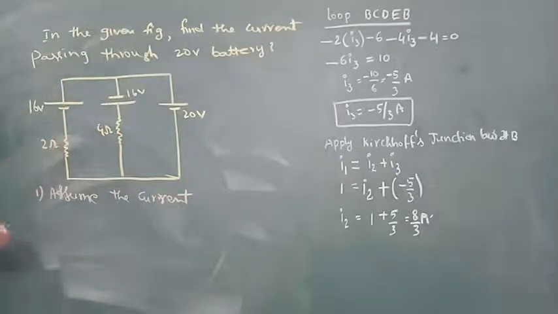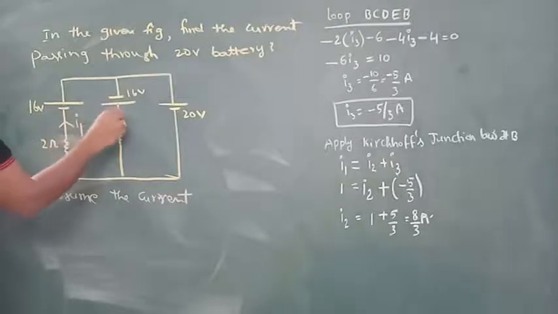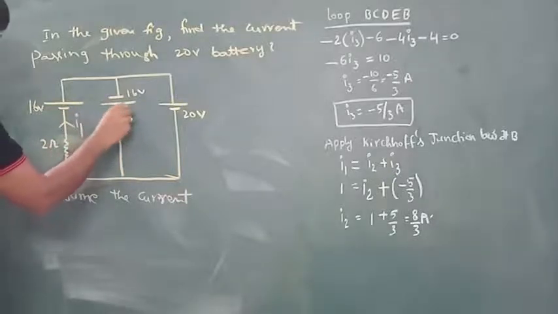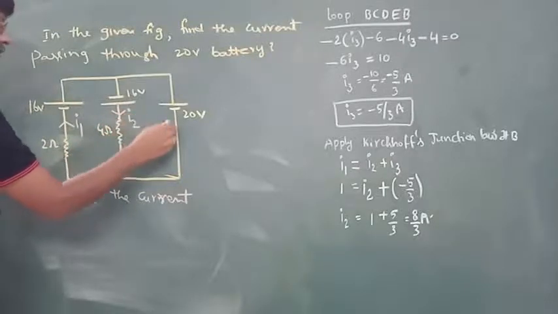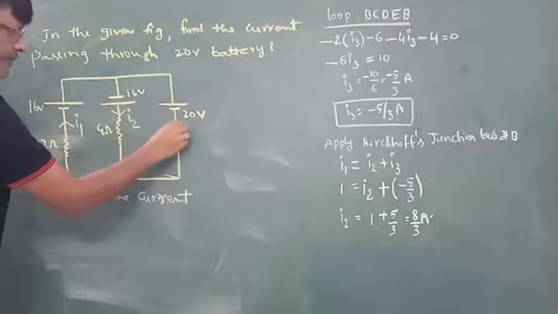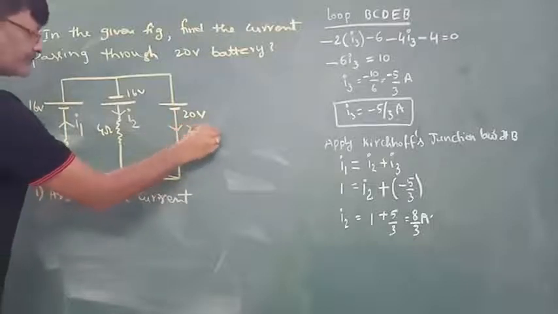I assume I1 is flowing through the 2 ohm resistor and I2 is flowing through the 4 ohm resistor and I3 is flowing through the 20-volt battery.